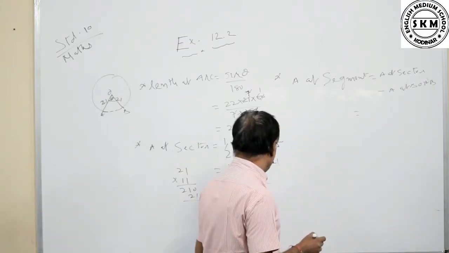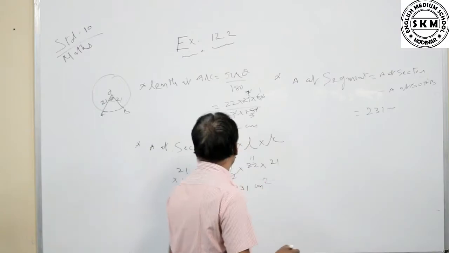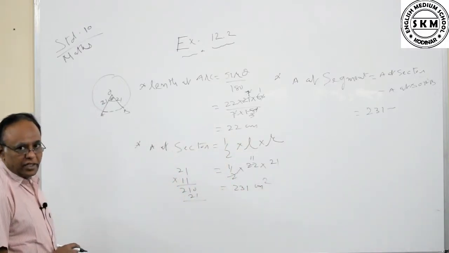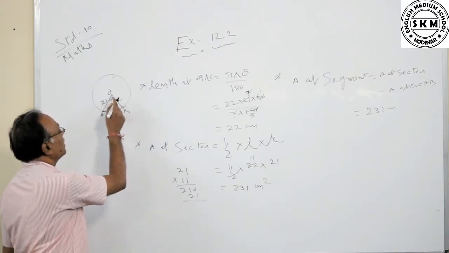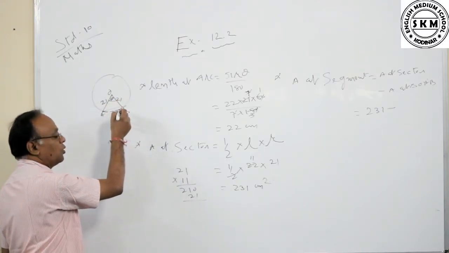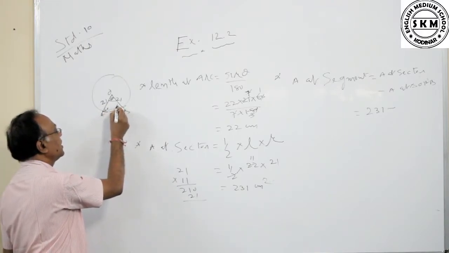Area of the sector is 231 minus, here the angle is given as 60 degrees. OA and OB form an isosceles triangle, therefore the other angles are also 60-60.